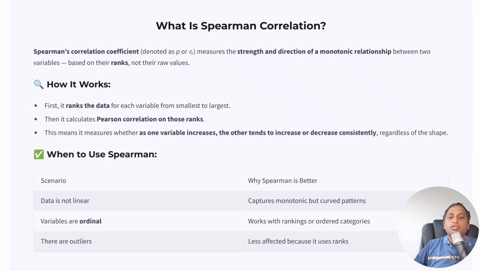So overall, if Pearson is the go-to for linear relationships, Spearman is your go-to when the direction matters more than the shape. You want to understand whether when you increase the value of one variable, the other decreases, or whether when this increases, the other also increases. So what is important in Spearman is the direction.